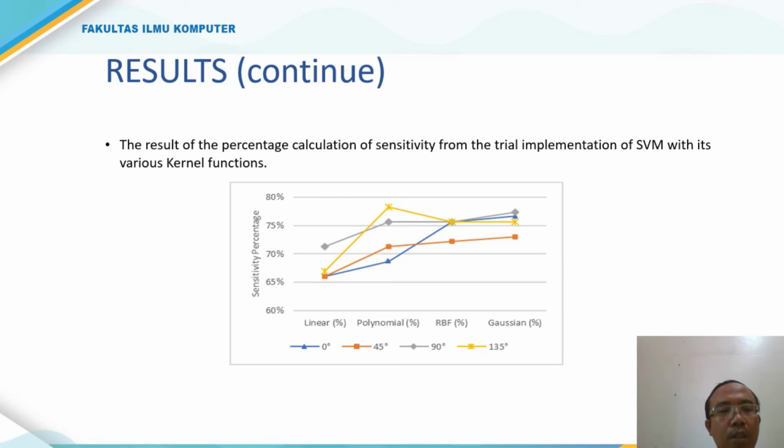The highest sensitivity of 78.29% is obtained by the polynomial kernel in the direction of 135 degrees.